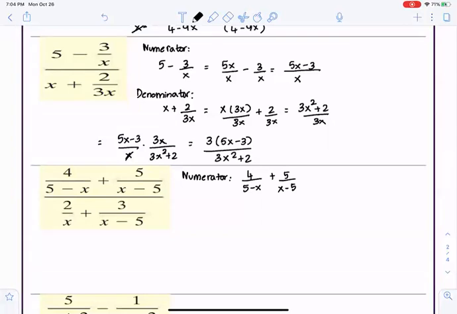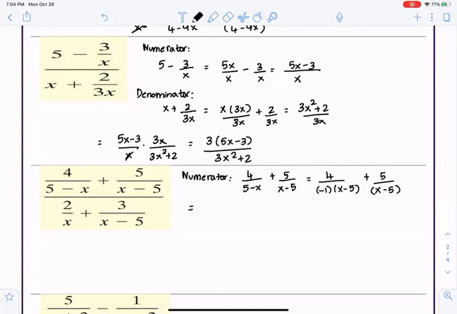So if I put a negative out of the first denominator, I could write it as a negative 1 multiplied by x minus 5, plus 5 divided by x minus 5.